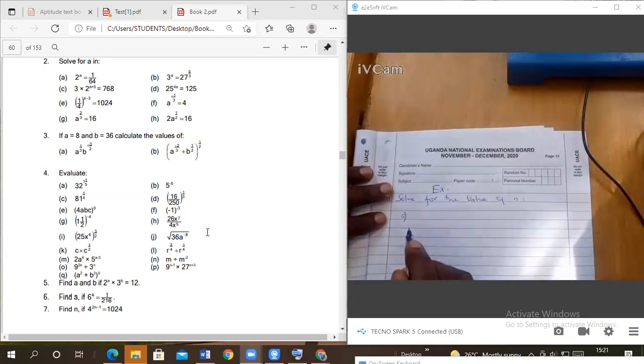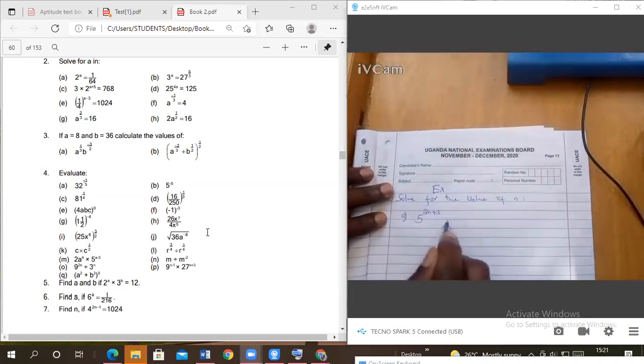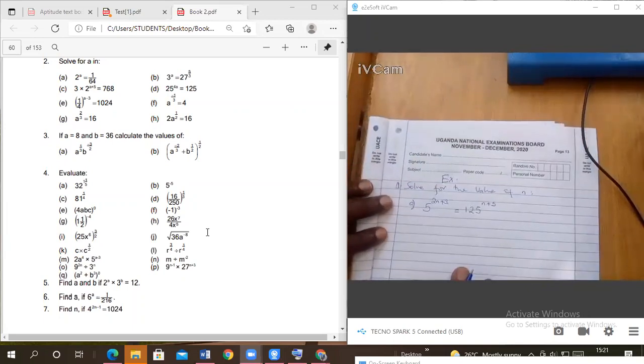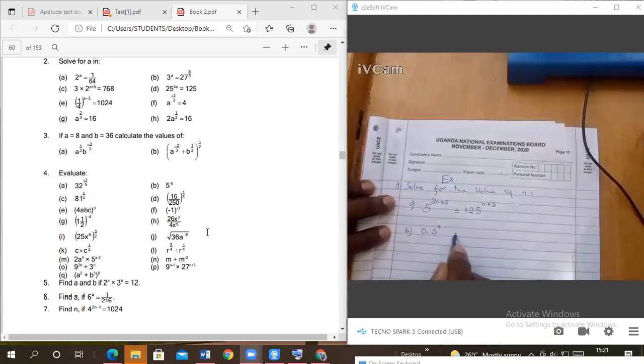Part A. I have 5 to the power 2n plus 3 equals 125 to the power n plus 5. Okay? B. I have 0.5 to the power n equals 8.